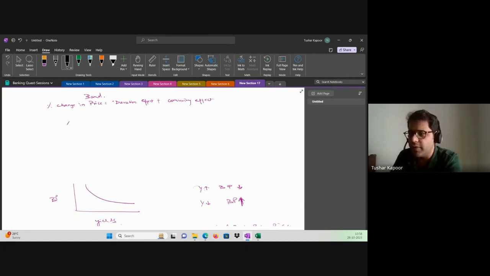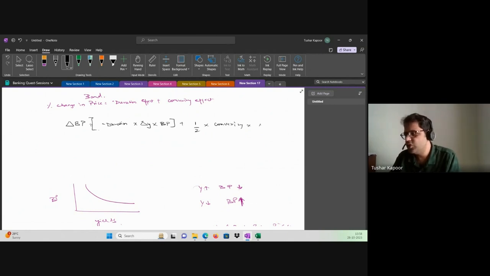So the change in the bond price is going to look like minus duration, because duration is always negative, multiplied by change in yield multiplied by bond price. That's the first part. Plus the convexity part is a little bit tough. Half into convexity into change in yield whole square.